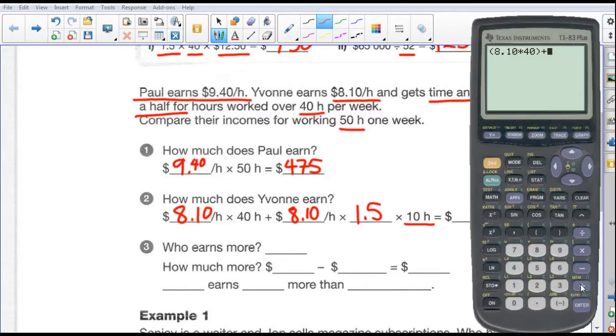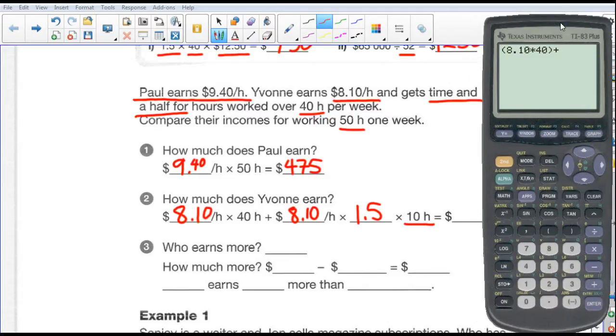That's why these scientific calculators are really good for this. Better than a cheap Walmart calculator. And then we can add, let's do another bracket of $8.10 per hour times 1.5 times 10 hours, close the bracket, and we get an answer of $445.50.